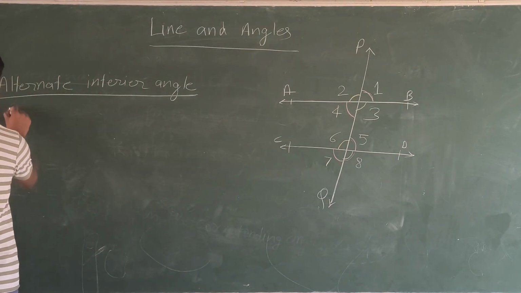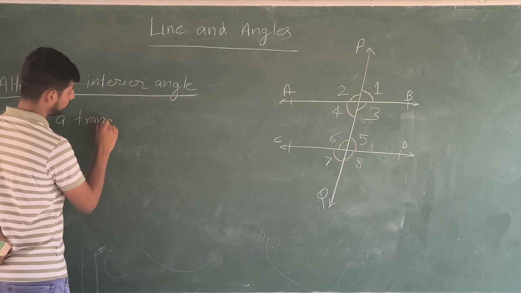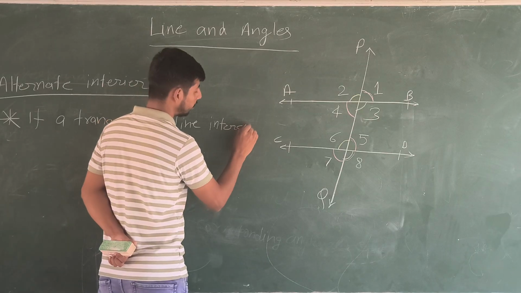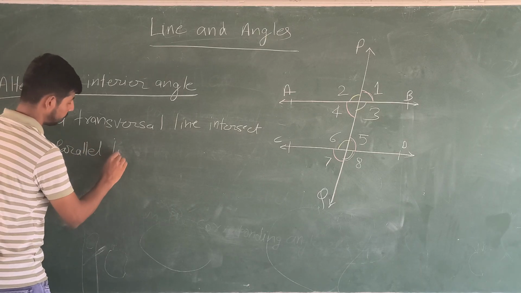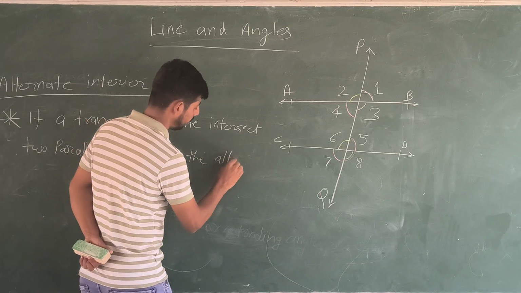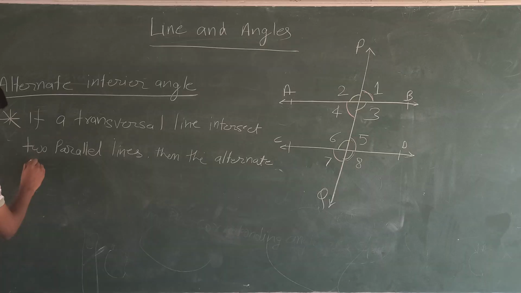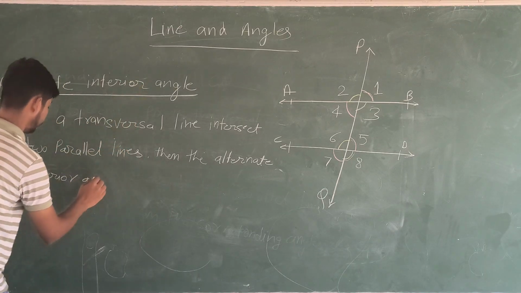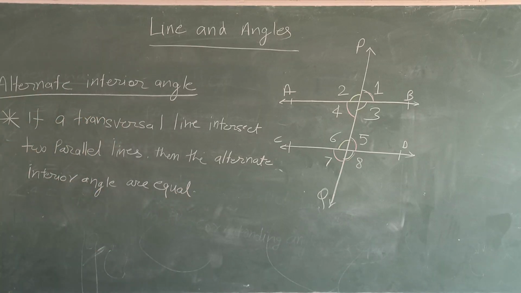So you have to note down that if a transversal line intersects two parallel lines, then the alternate interior angles are equal.